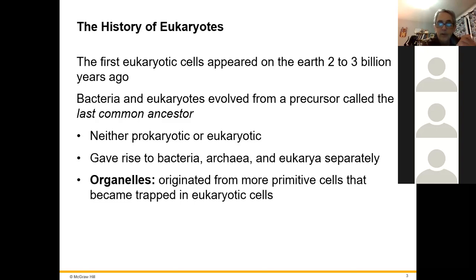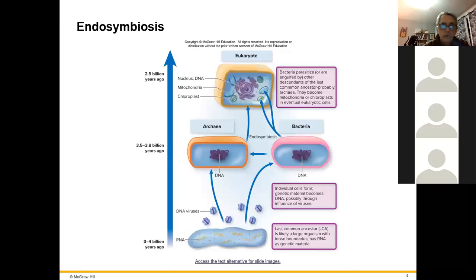Organelles originated from more primitive cells that became trapped in other cells to become eukaryotic cells. About 3 to 4 billion years ago, they believe there was a common ancestral cell. Its genetic material was probably RNA. And that cell gave rise to archaea, bacteria, and what we call the prokaryotes.